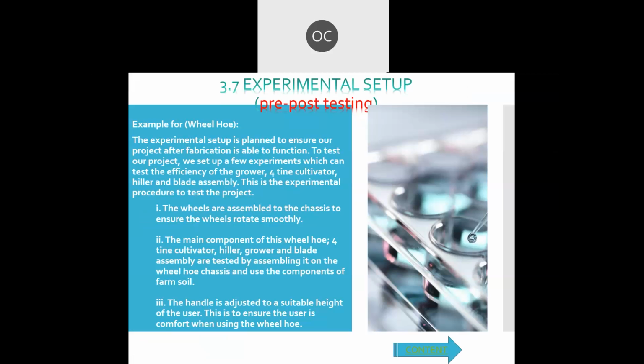Next one, so for those who write about pre and post testing, you don't have a fabrication step. If you realize that in the previous content, you will write regarding the experimental setup rather than fabrication work or fabrication steps itself.